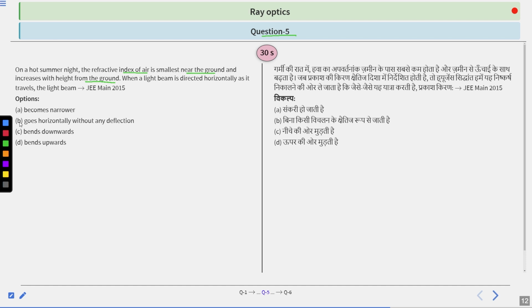The options given: option A, becomes narrower; option B, goes horizontally without any deflection; option C, bends downwards; and option D, bends upwards. Which option is correct? You have some time to solve this question. After that, we will provide the solution.